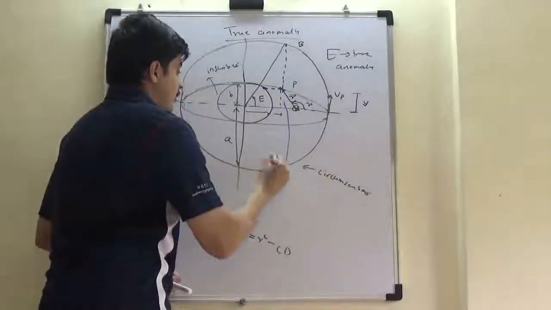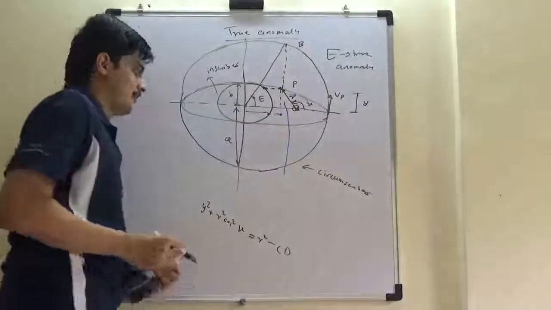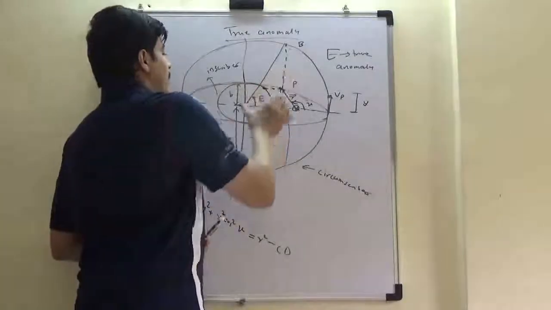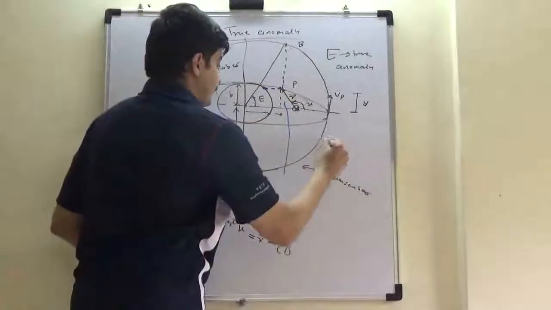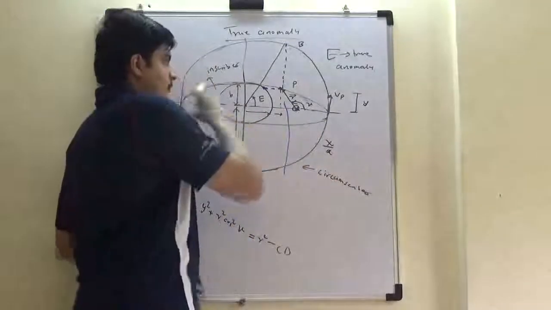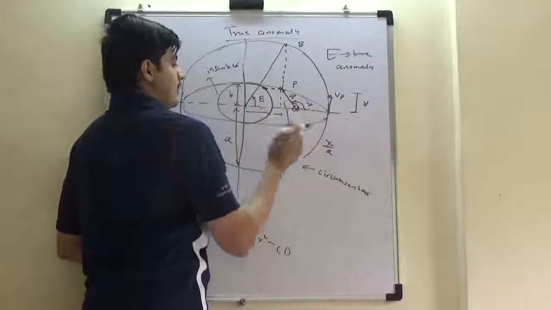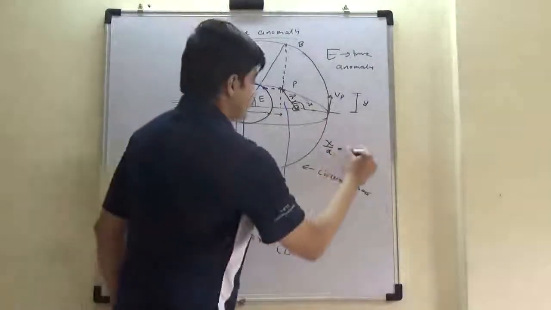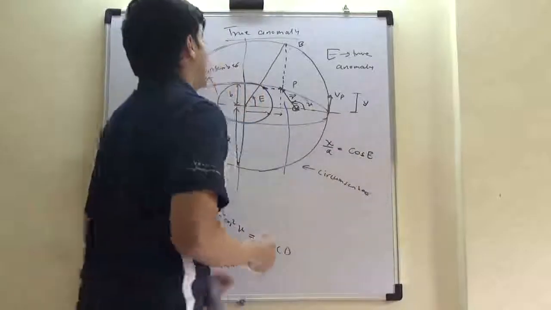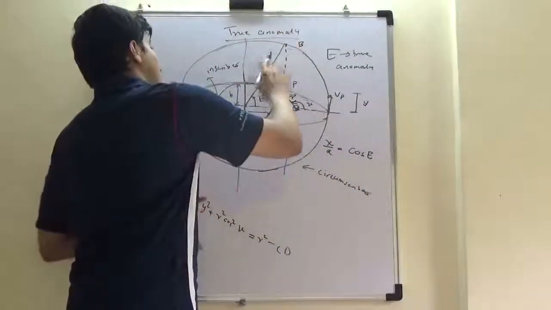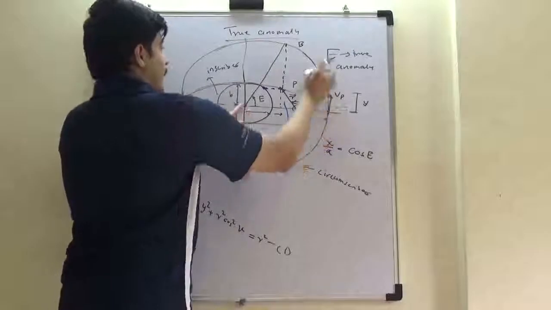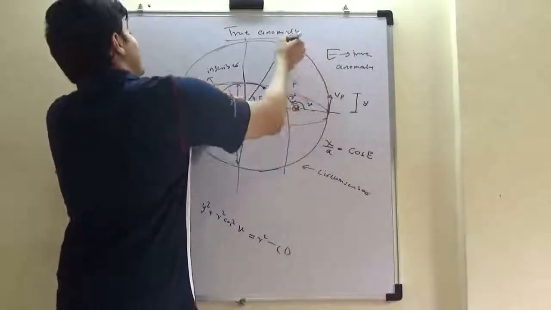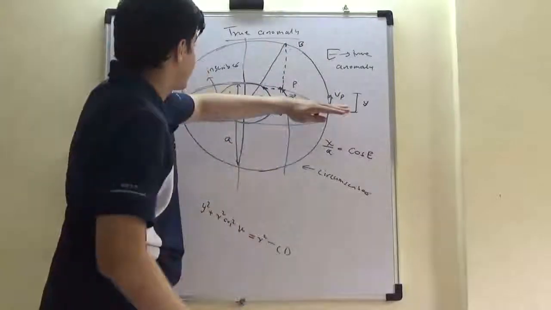Now I have to focus my attention here, on the circle which circumscribes. X upon a is what? Because a is this radius, that's why I have moved this arm like this to come here. This arm is moved.